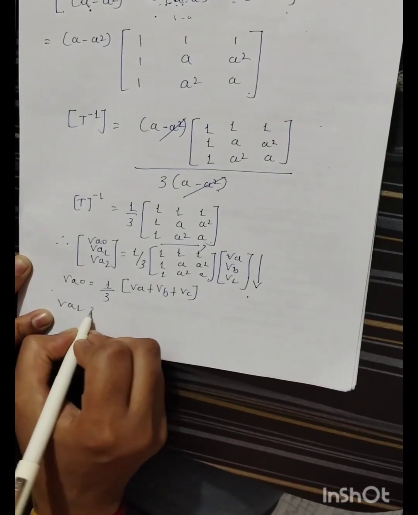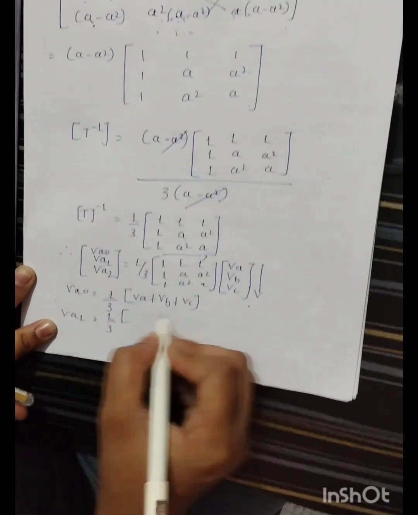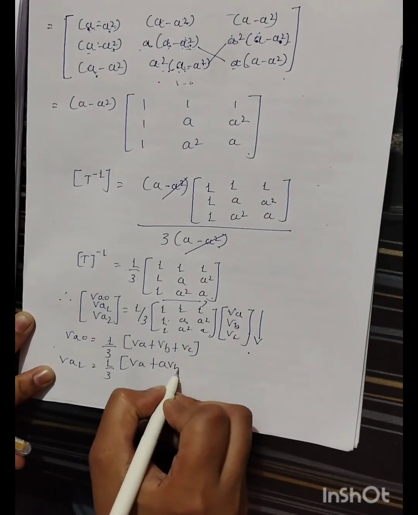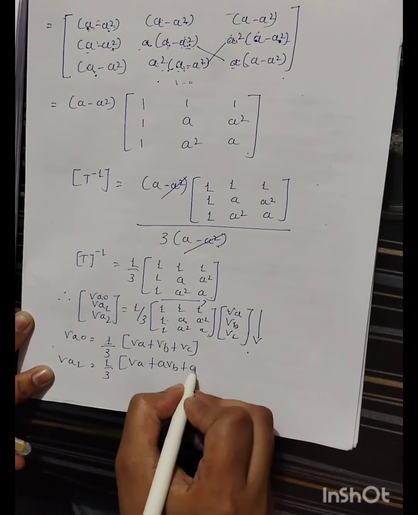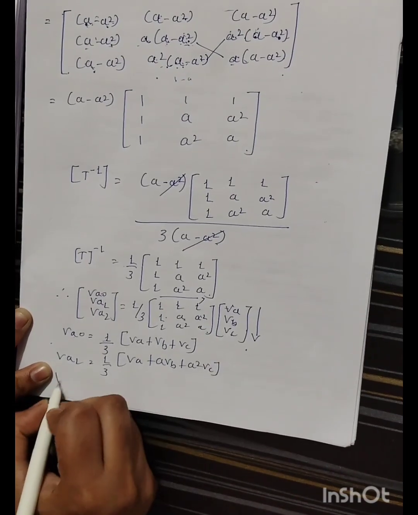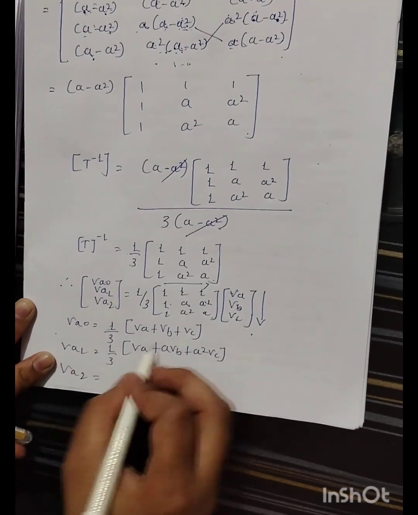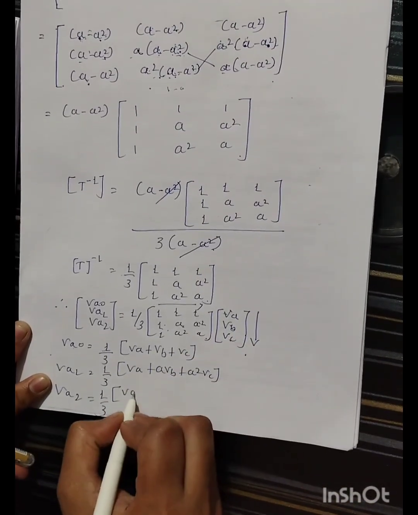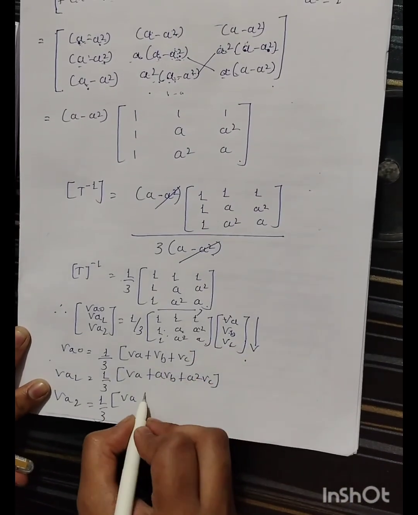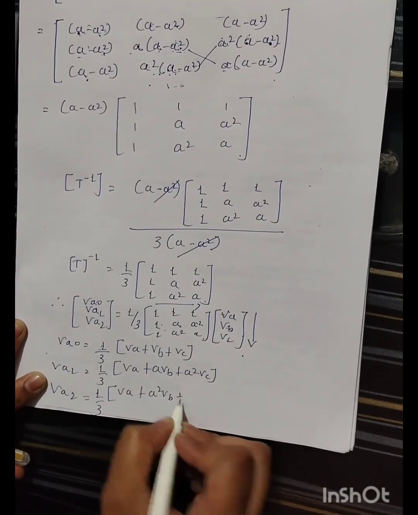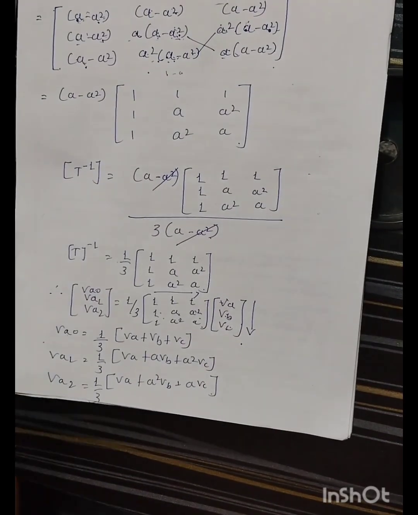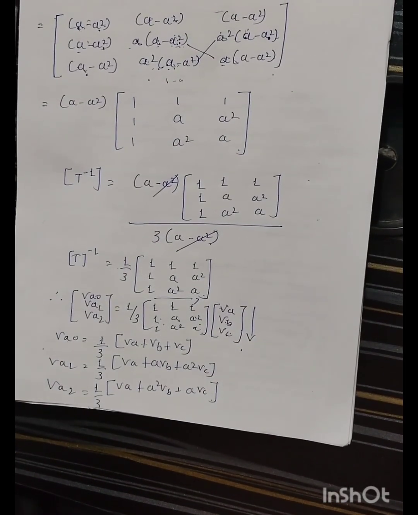For VA1 we will get 1 by 3 times VA, A into VB, A square into VC, that is A square VC. For VA2, again 1 by 3 times VA into 1, A square into VB, that is A square VB, then A into VC. This is the expression for the symmetrical components in terms of phase voltages.